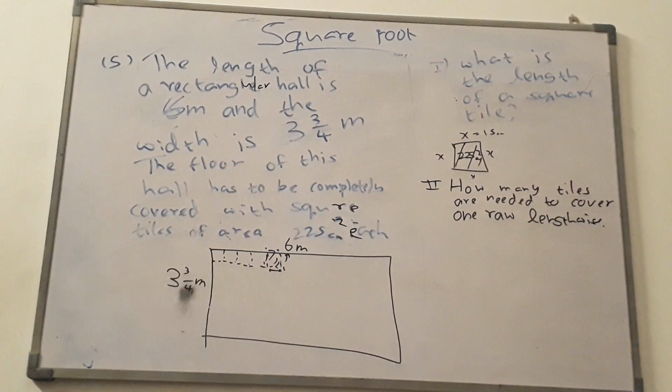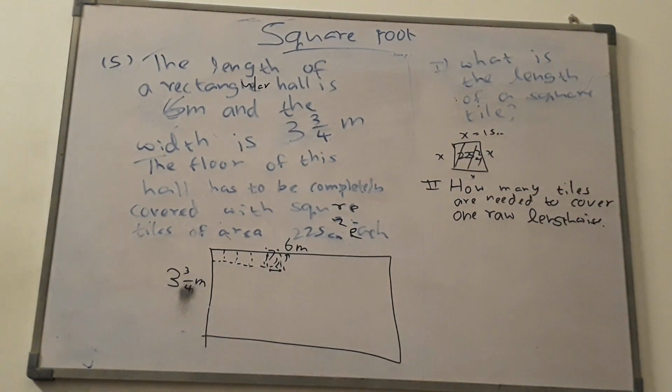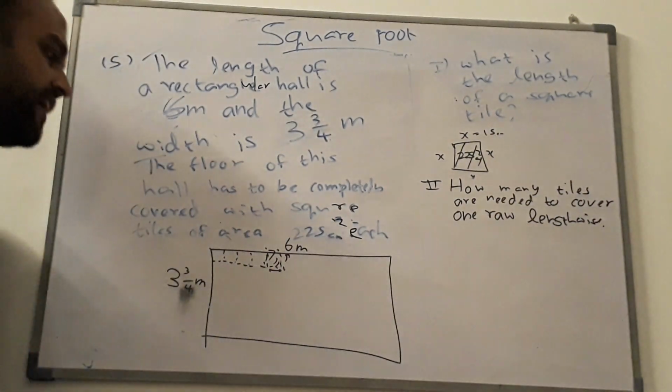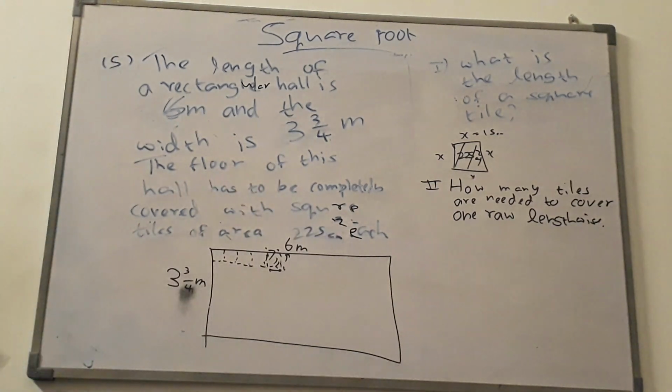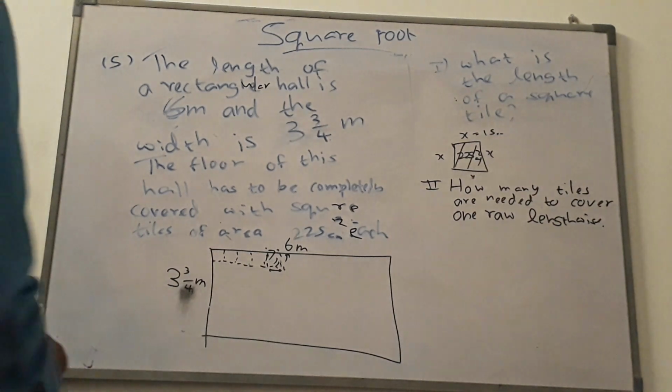Okay, how many tiles are needed to cover one row lengthwise? Now we know length is 6 meters. How many tiles are needed to cover one row lengthwise?